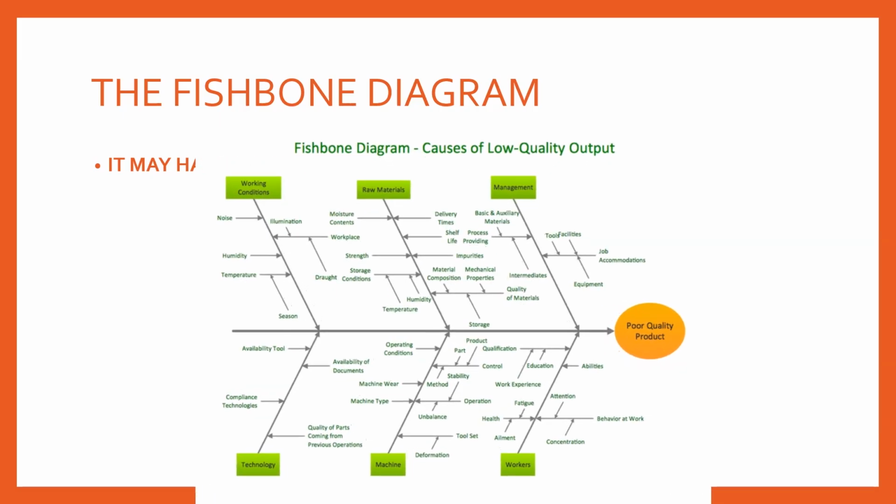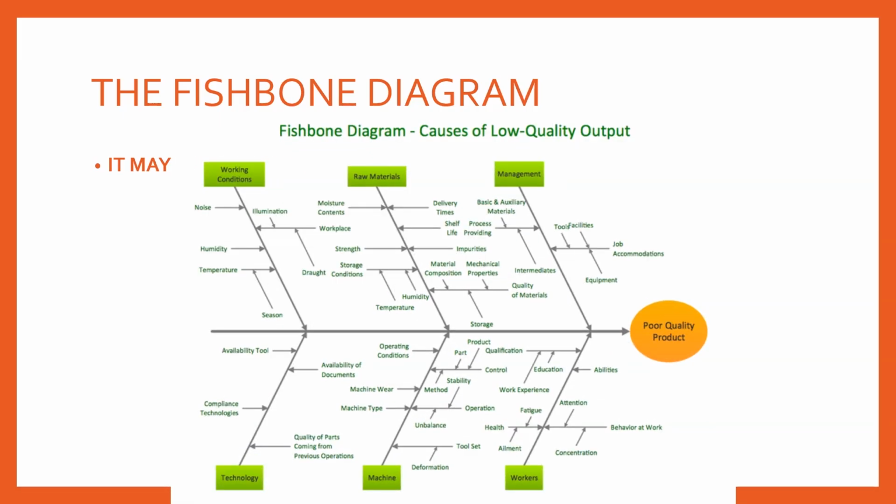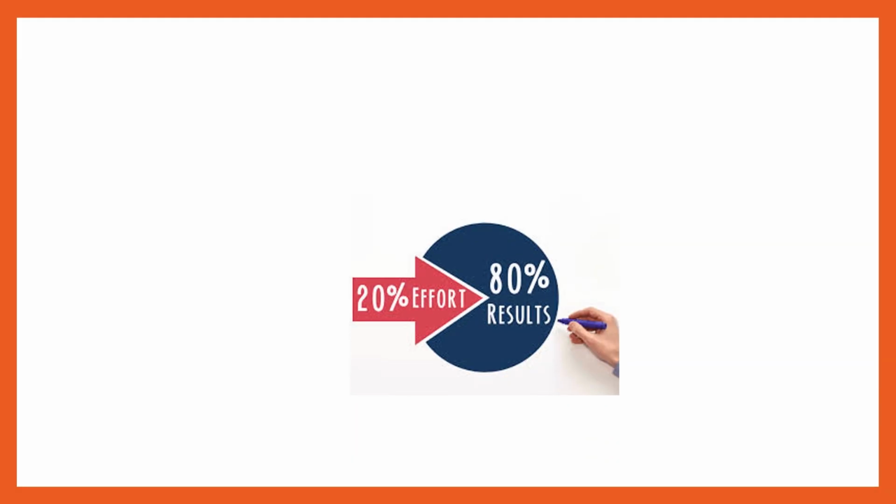That is addressed by the fishbone diagram. Students, do you feel the fishbone diagram is an important tool in the garment industry? I think so, because you can get a lot of benefits out of it. You can understand which area we should address if you want to get a good quality garment.